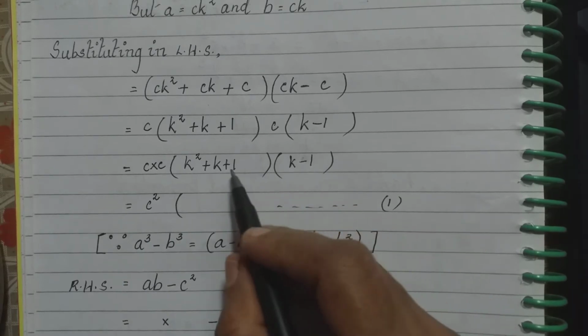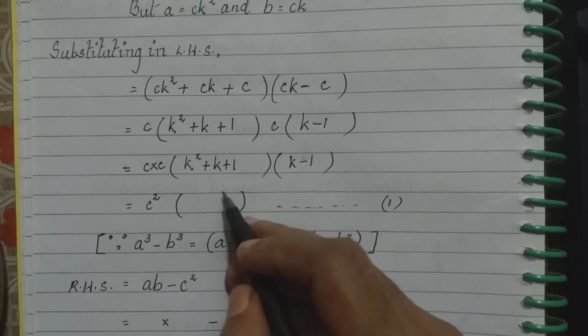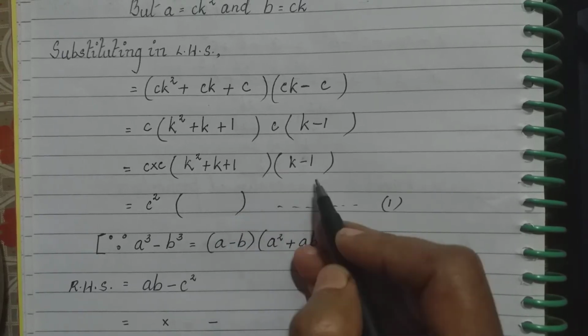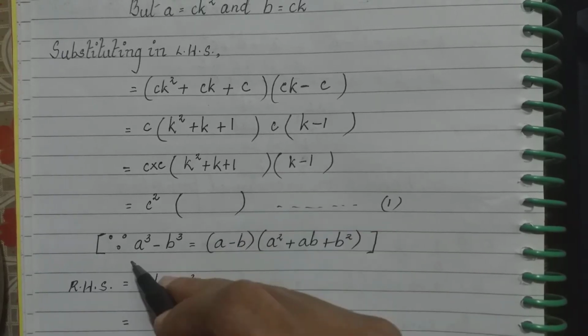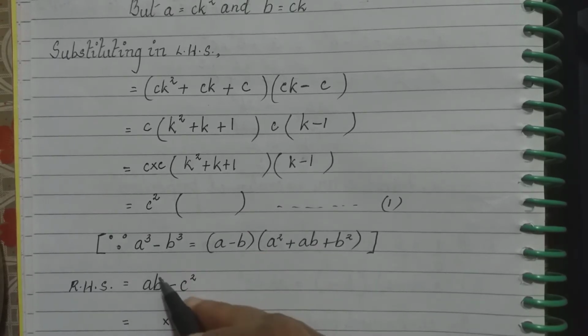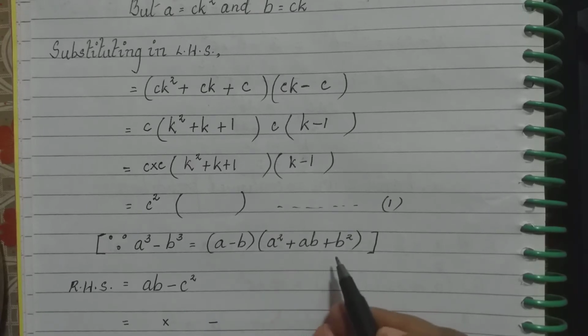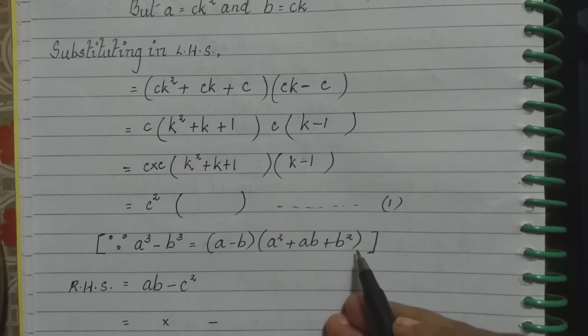And now you see here, k square plus k plus 1 into k minus 1 is utilizing one of the formulas, that is the a cube minus b cube formula, which states that a cube minus b cube is (a minus b) into (a square plus ab plus b square).